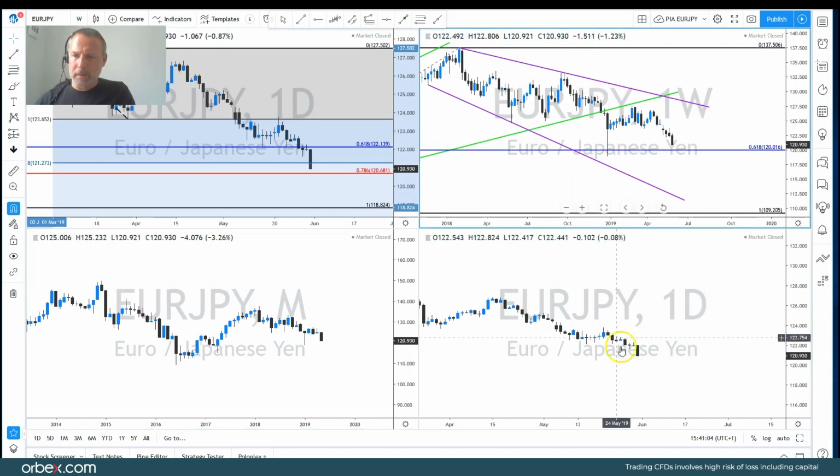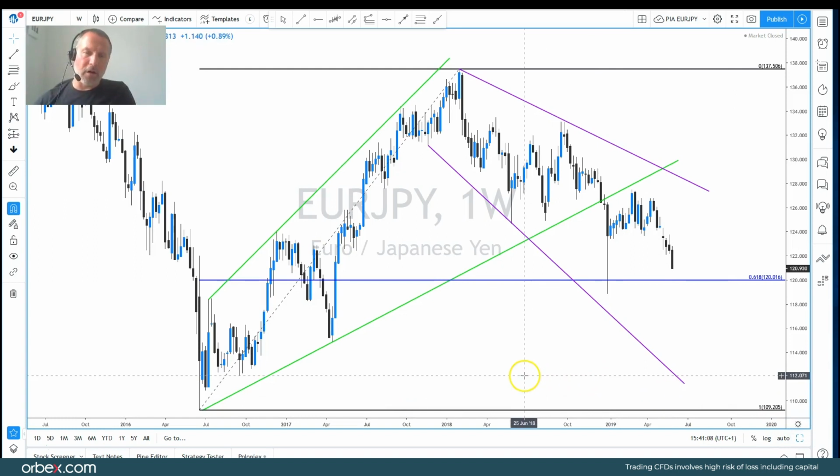Euro yen, very complicated chart. The weekly chart highlights two different formations. This is an expanding wedge formation that has a bias to break to the downside. Got close to a retest of the trendline resistance after bouncing from a 61.8% Fibonacci level. It's moved to the upside. It's now showing an aggressive move to the downside.